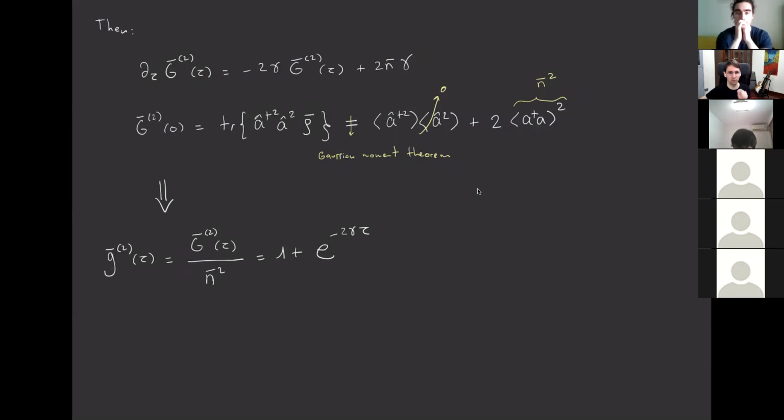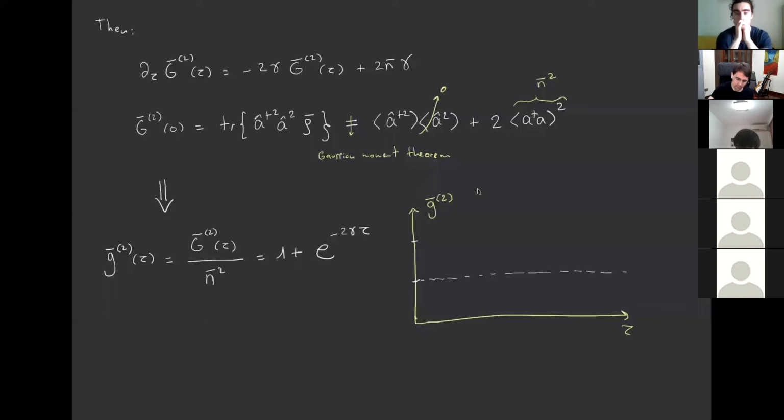And this expression is really interesting because now this is telling you that if you plot the G2 as a function of tau, what you get is the following. So let me try to make it more or less accurate.